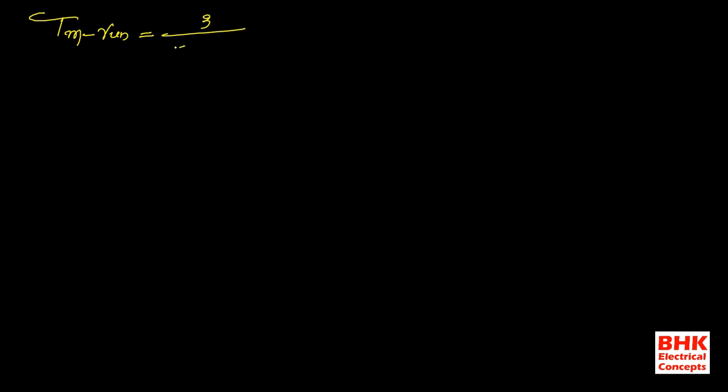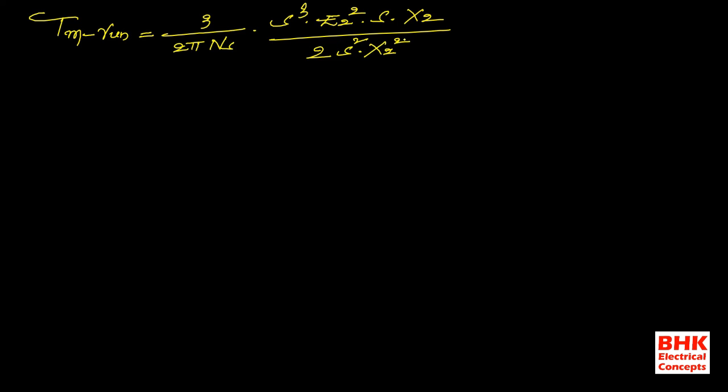So maximum running torque is equal to 3 divided by 2 pi ns into s power 3 into e2 square into s into x2 divided by 2 times s square x2 square.